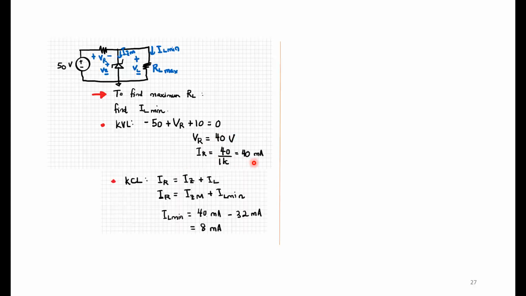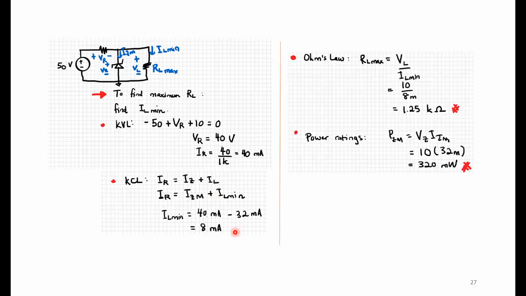Now when we do KCL at this point, okay, IR is equals to IZ plus IL. If IZ is the maximum, then IL is the minimum. Okay, so we find IL minimum to be 8 milliamps. Now if IL is a minimum, using Ohm's law, then RL max is going to be 10 divided by 8 milliamp, which is going to be 1.25 kilo ohms.